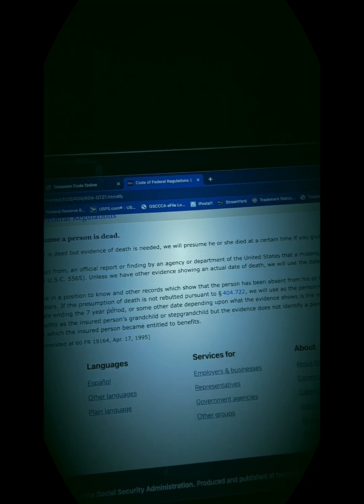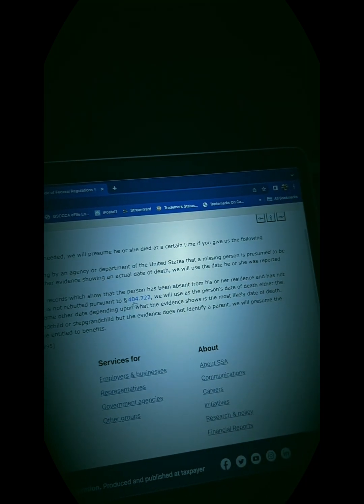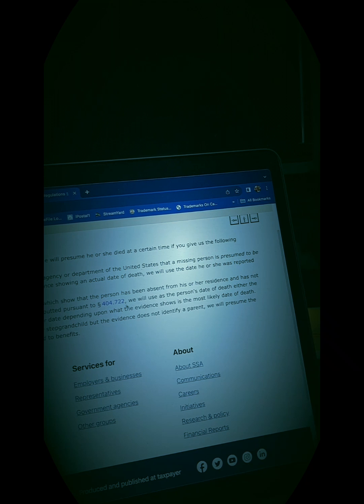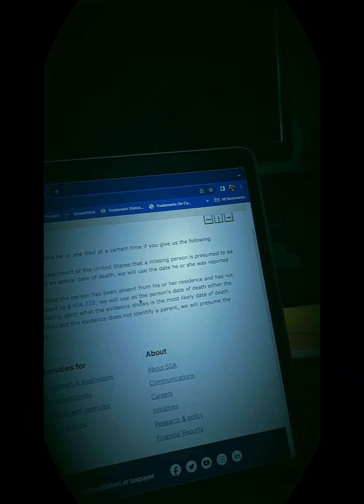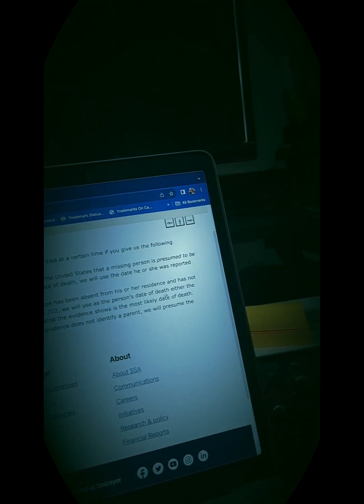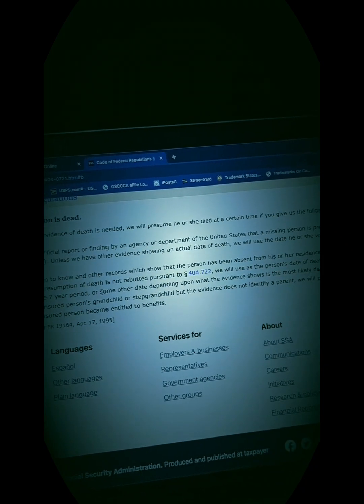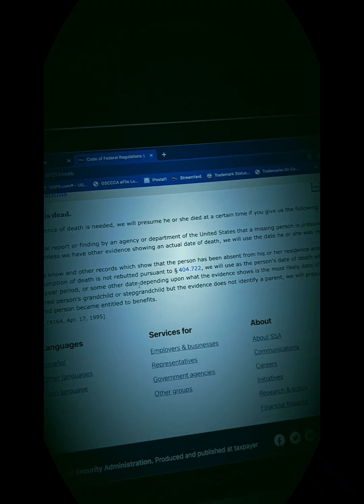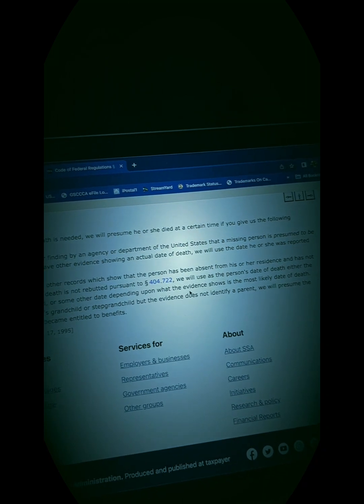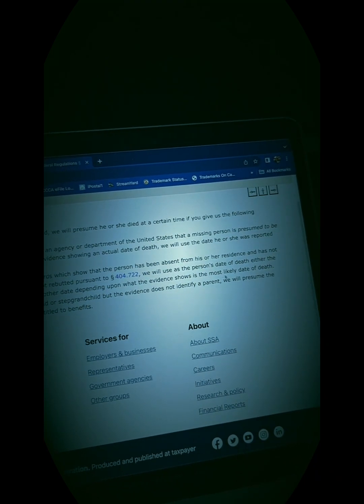If the presumption of death is not rebutted pursuant to 44.722, which is where I just came from, we will use the person's date of death, either the date he or she left home, the date ending the 7-year period, or some other date, depending upon what the evidence shows is the likely date of death.